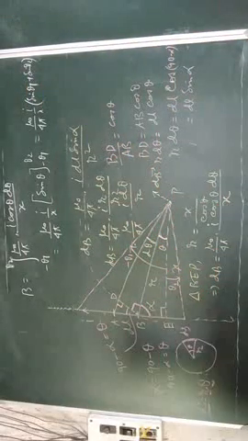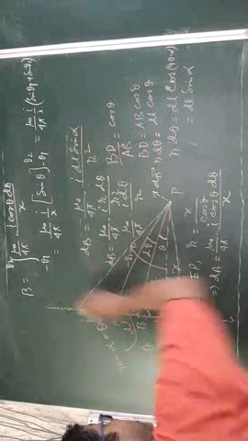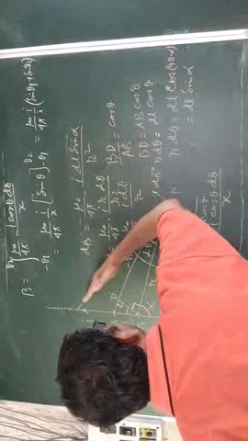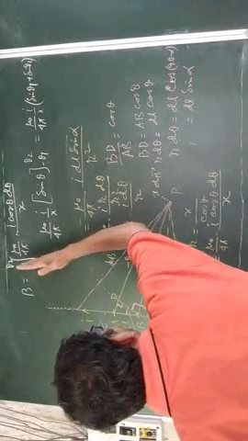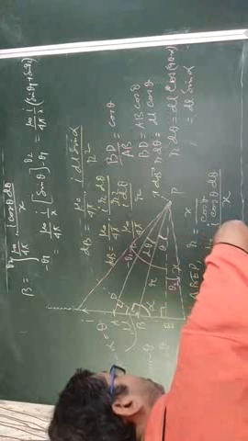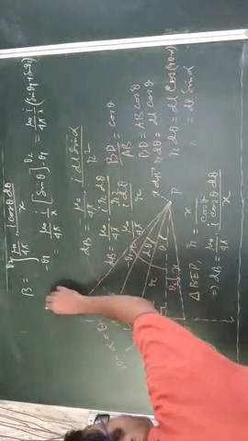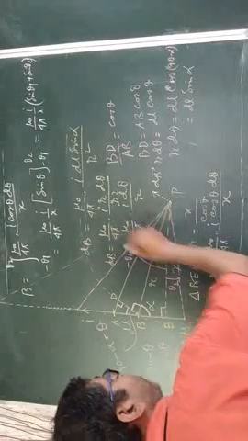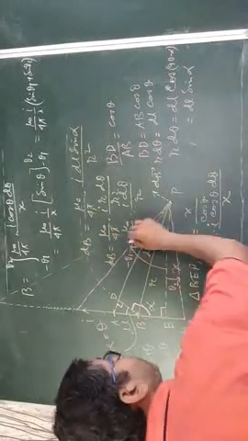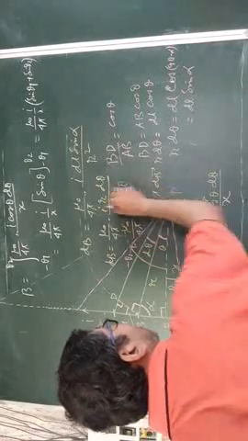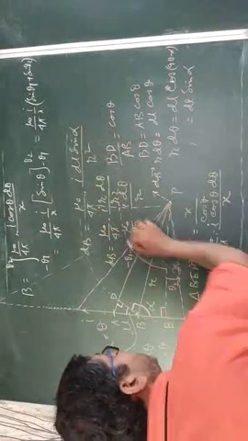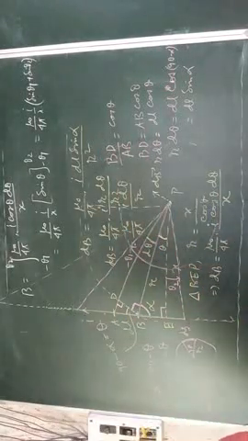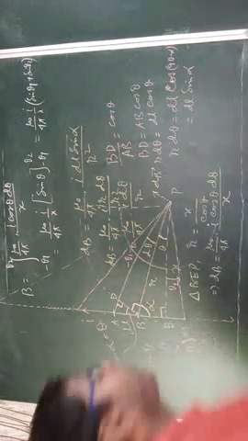Now if we consider the infinitely long conductor, if we increase the length, this straight line will move upward and this line will move downward. That means when it reaches infinity, this angle theta 1 and this angle theta 2 will finally reach 90 degree and 90 degree. So what we can write?